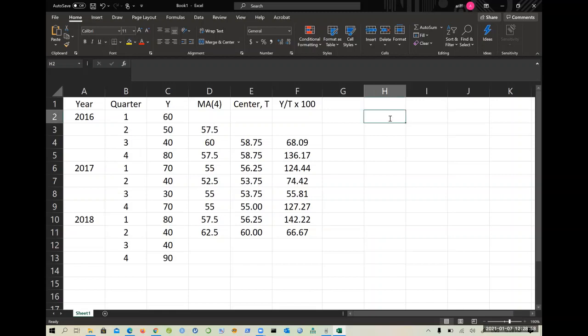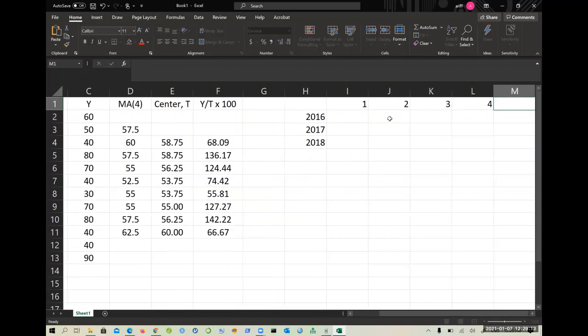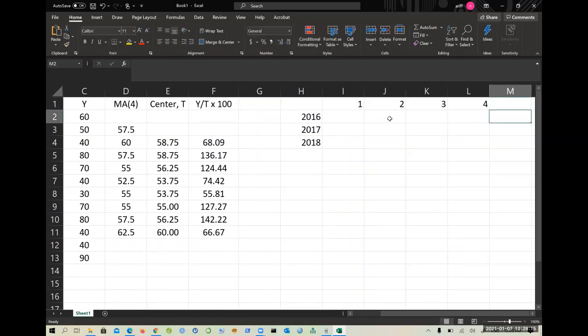So you have 2016, 2017, and 2018, right? And then you have the top part to be the quarter, 1, 2, 3, 4. Okay, so what you need to do is just simply transfer the value to the correct position.